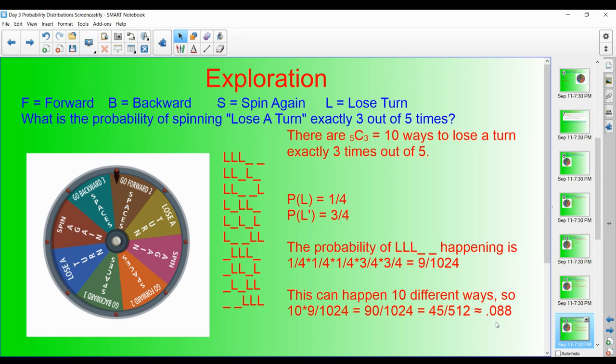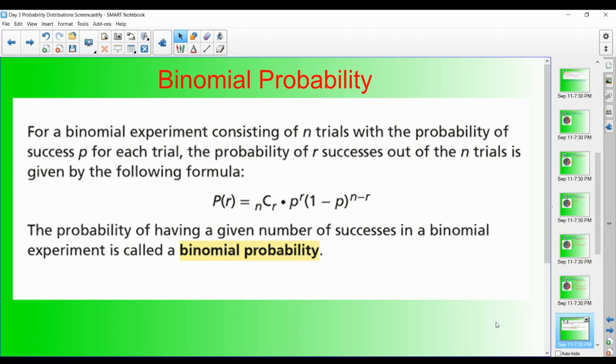Now, I don't want us to go through this whole process every time, so we created a binomial probability formula. We take how many ways there are to do it, so nCr, and multiply it by p to the r, and multiply that by 1 minus p to the n minus r. Let me show you what each part means. n is the number of trials.